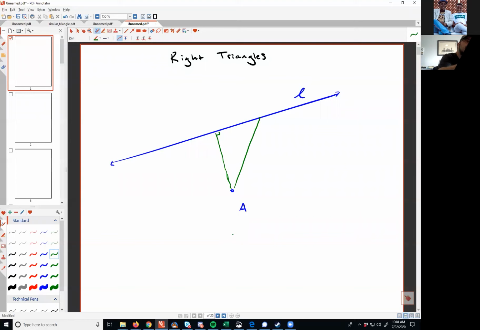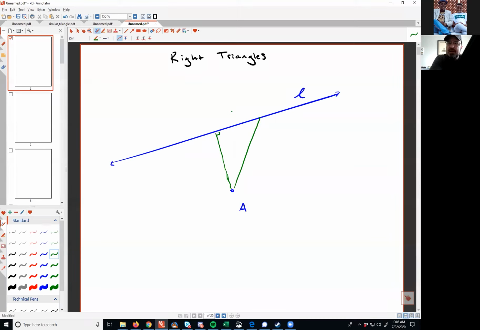You could draw a circle around point A that touches the line. What would that do? It would confirm that that was the straightest point, because where the line met the circle, that would be the straightest point that we could use.